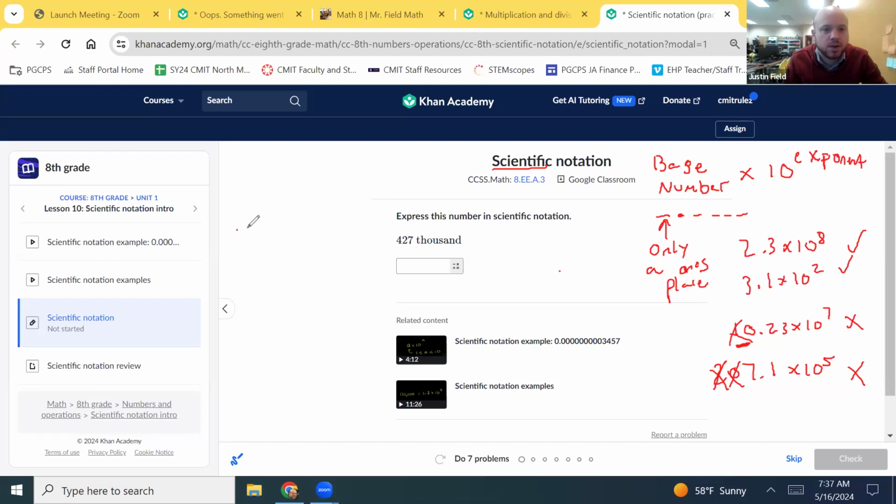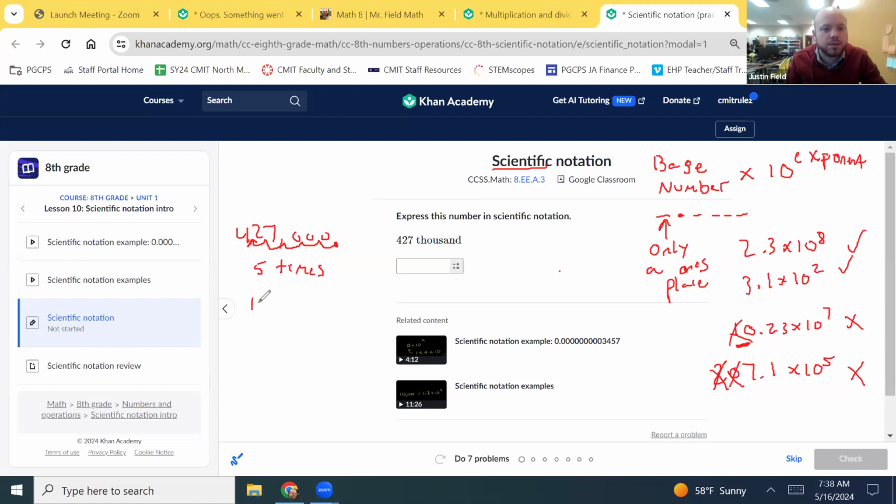Okay, so we're going to write this in scientific notation. 427,000. We know that 1,000 means 3 zeros. And so we want to take this number. If we put a decimal point, it would be right there at the end of the number. And we want to put that so that it only has a ones place. So I'm going to move it how many times? 1, 2, 3, 4, 5 times.